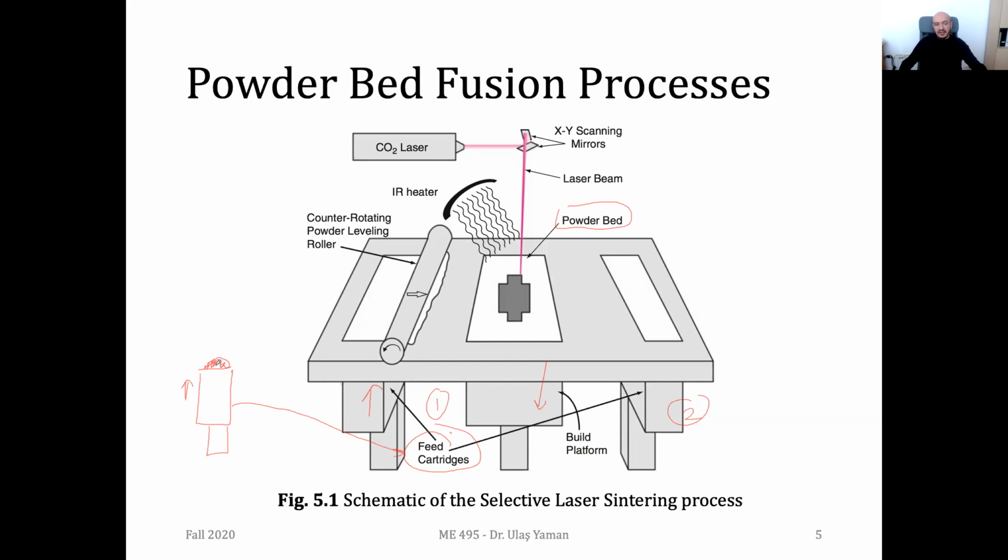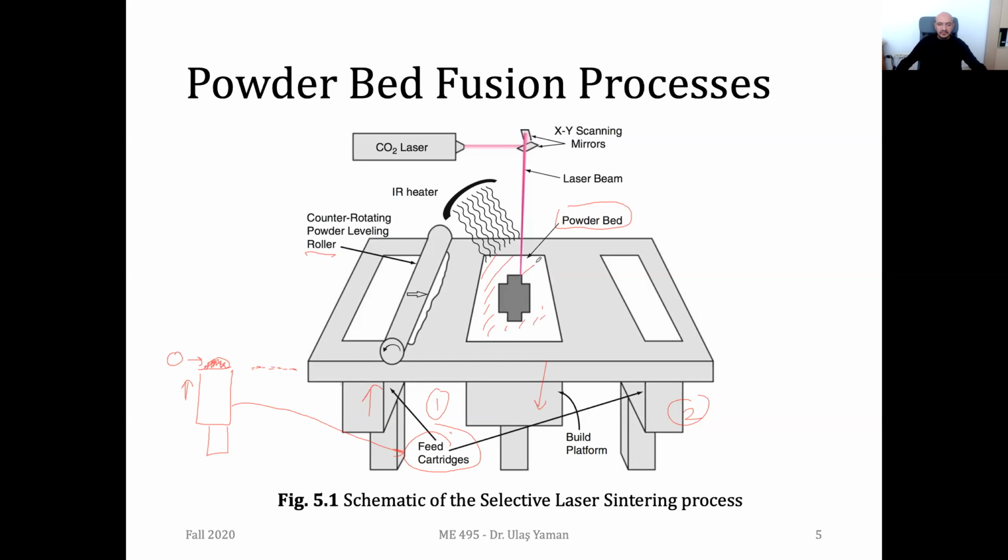And then once you have powder here, with the help of this kind of rolling system, the powder leveling roller, or we sometimes call it the counter-rotating powder leveling roller, this roller will move to the right and spread this powder on the table uniformly. So the function of this roller is to spread the powder on this table uniformly.